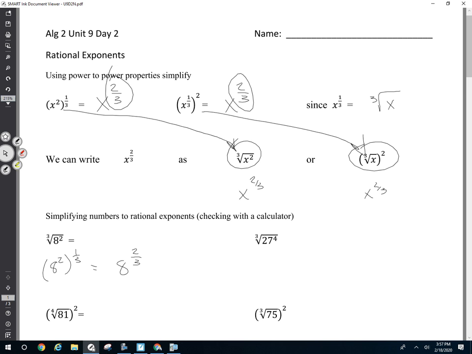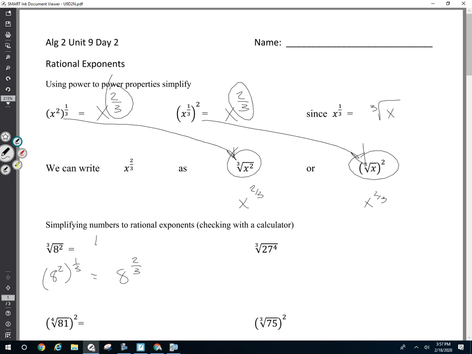Or I could square 8 then cube root it. I'm going to get 4. Now, there are ways to do this by hand, but you guys can just plug this into your calculator. Plug 8 to the 2/3 into your calculator. You guys get 4? Yeah.